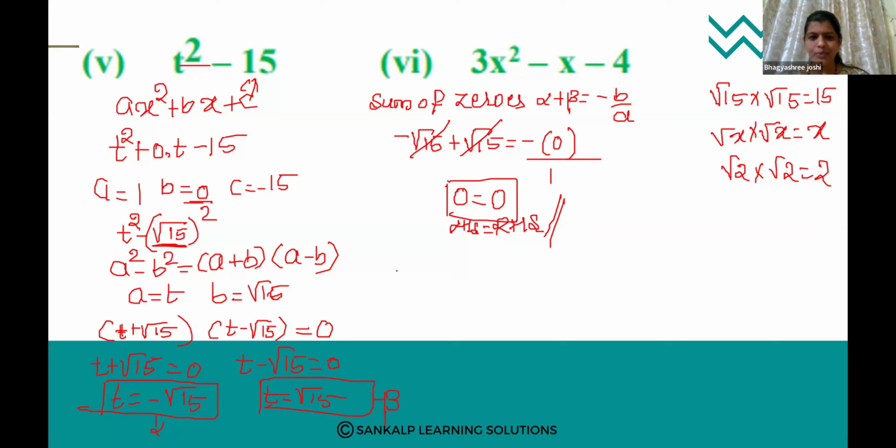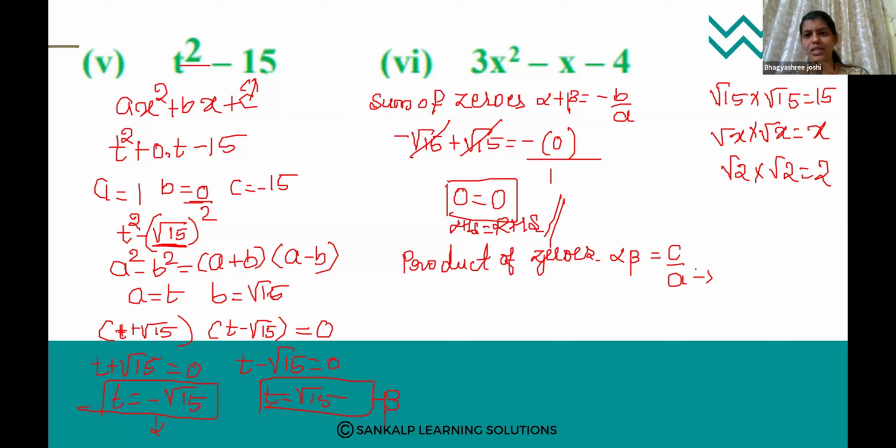Right? Next, product of zeros. Product of zeros, alpha into beta is equal to c divided by a. c means what? Constant term. a means what? Coefficient of x square. b means what? Coefficient of x.